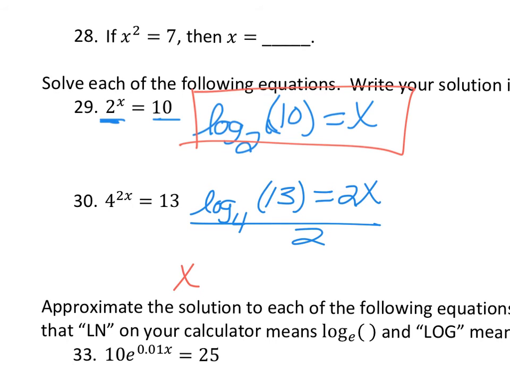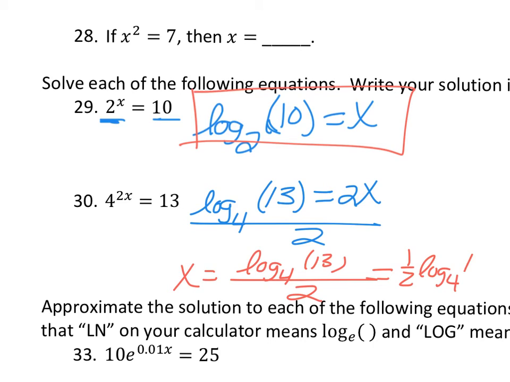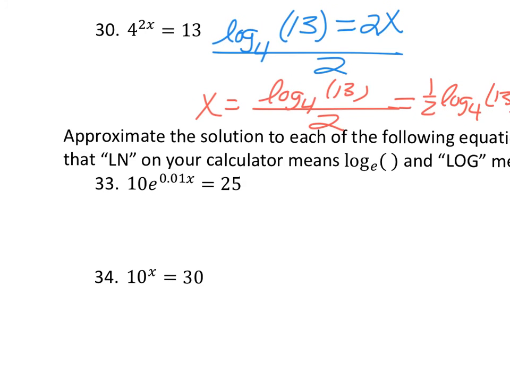That's going to give us x is equal to log base 4 of 13, all divided by 2. And you can also write that as 1/2 log base 4 of 13. Either of those is correct, but you've got to get the x by itself, so make sure that you do that. And let's go ahead and look at 33.